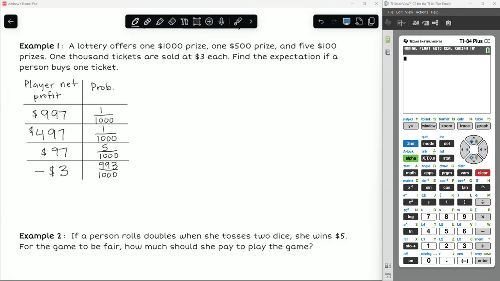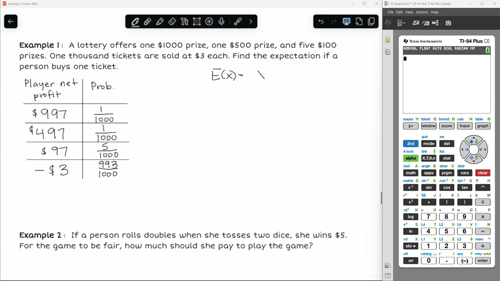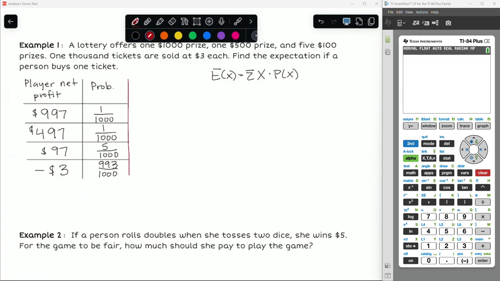Now that I have my probability distribution built, I know that to find my expected value, I need to do my data value times its probability, and then I need to add the results for each row in my table. So to do that, I'm going to add an extra column to my table. And that column is going to represent x times p of x.